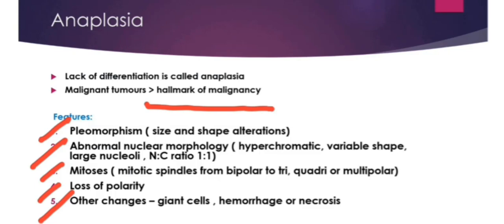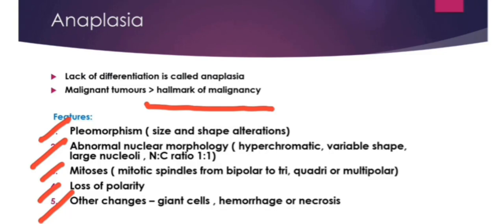Pleomorphism means variation in morphology. And as we know, size and shape are the key points of morphology. Pleomorphism refers to size and shape alteration. So the cell size will be abnormal, the cell shape will be abnormal. Then abnormal nuclear morphology.